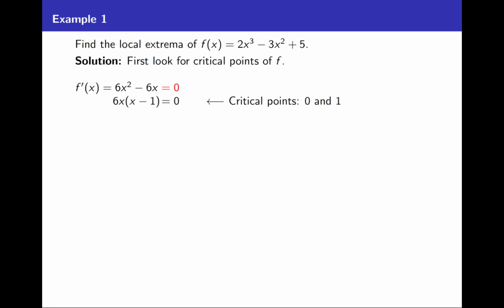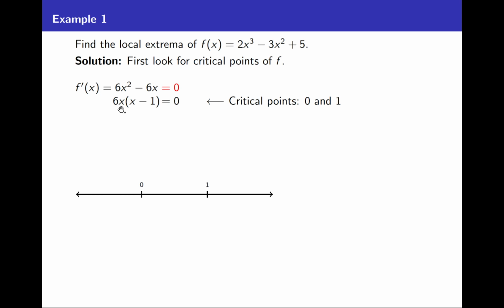To figure out where we have a local maximum or a local minimum, we plot those points, 0 and 1, and we're going to look at the change in sign, if any, of the derivative around those points and apply the first derivative test.